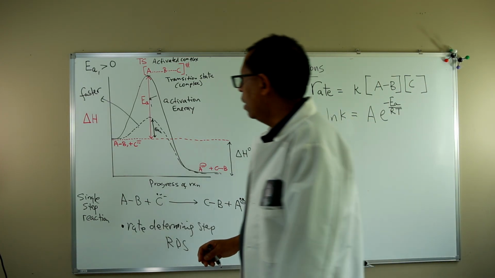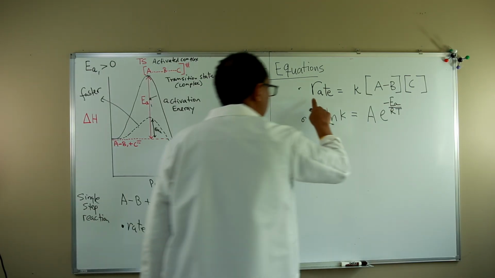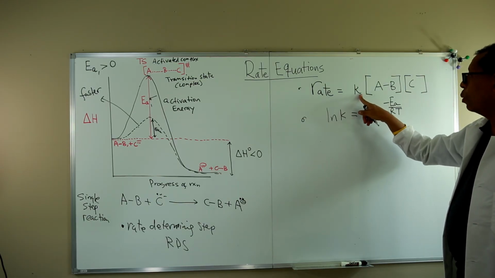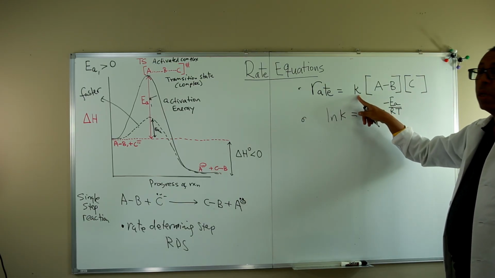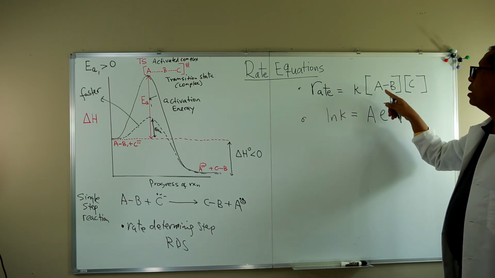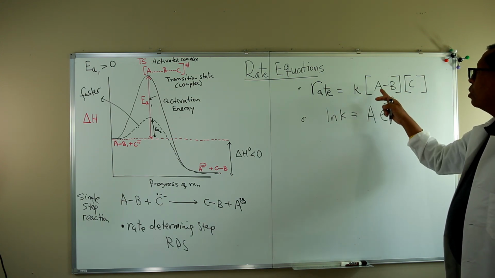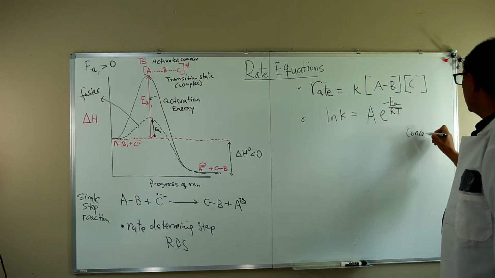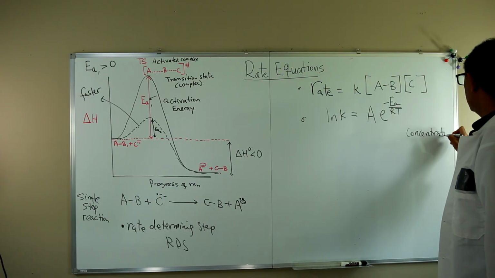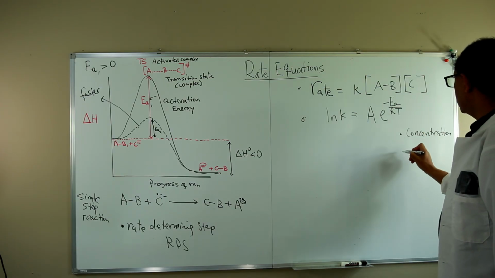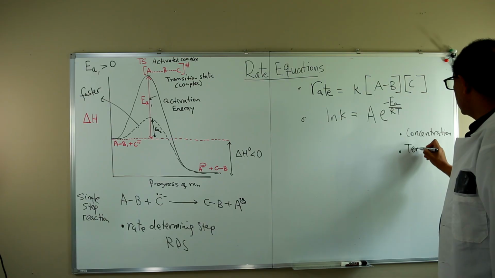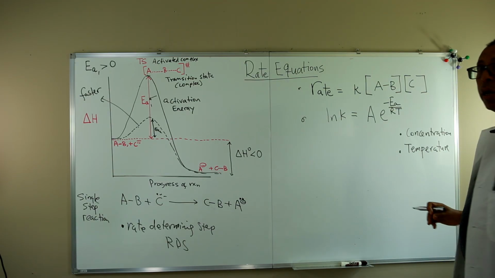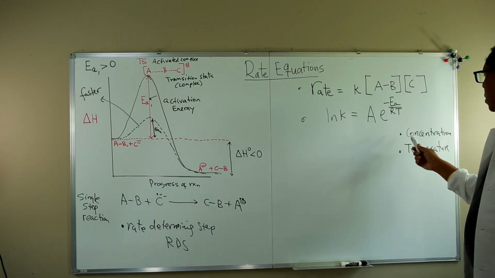Like I said, rate is dependent on the rate constant. This is not the equilibrium constant. Small k, the rate constant, is dependent upon two factors: one is the concentration of reactants, and the other is temperature. These are the most important factors that determine the rate of a reaction.